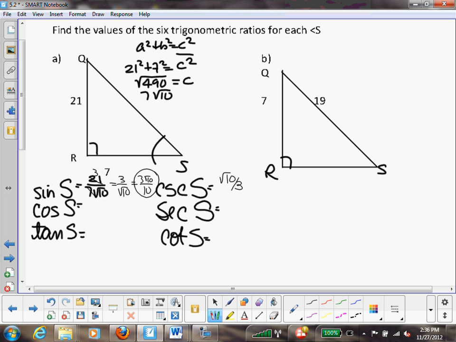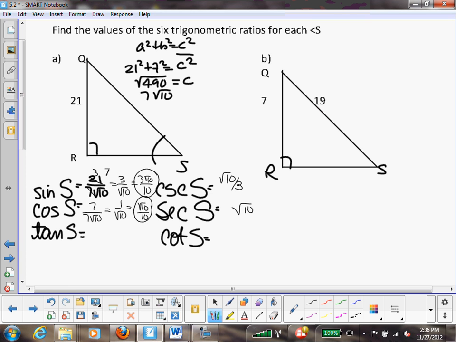Making sense? All right, the cosine of s. Well, the cosine of s is going to be 7 over 7 root 10, which is nicely what? Which, when we rationalize it, is? All right, what's the secant then? Yeah, just root 10. Root 10 over 1, but we don't ever want to put that 1 in the denominator, right?